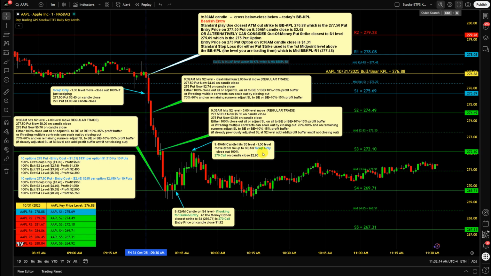So on 10 contracts, that would be, let's see, 2.90 minus 1.92, so it's $980 if I'm doing the math correctly. Okay, so that would be a scalp only, and that would be a wise move on this with this much of a move down.